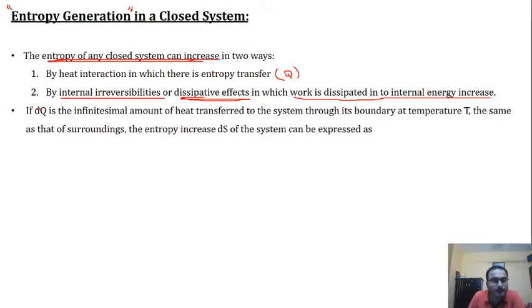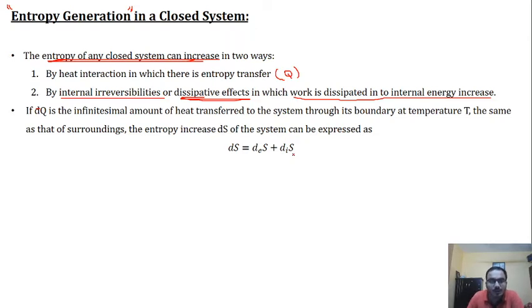Okay, if d cut q is the infinitesimal amount of heat transferred to the system through boundary at temperature T, the same as that of surrounding, the entropy increase ds of the system can be expressed as this formula. That is ds is equal to des plus dis. Now what is the meaning of this?